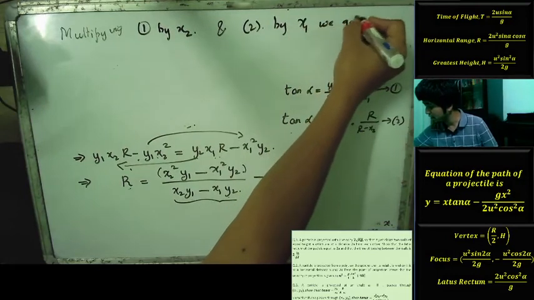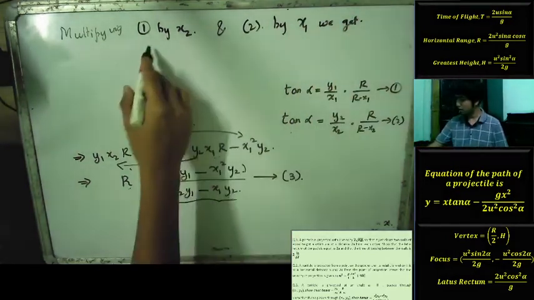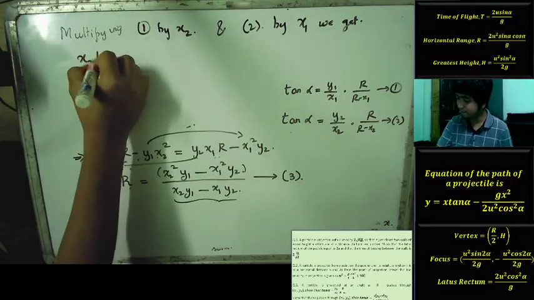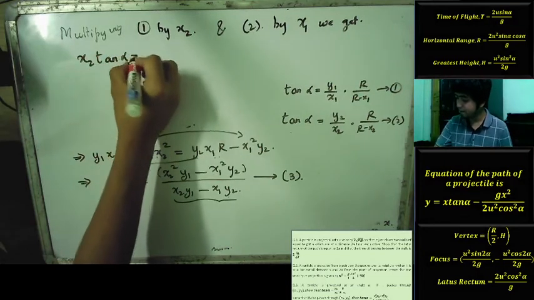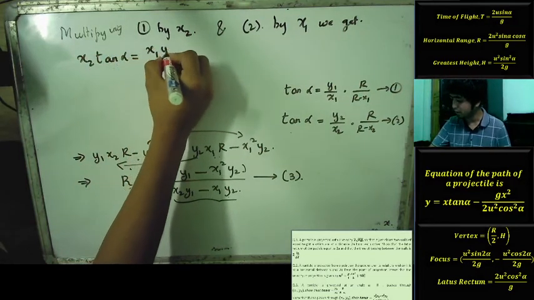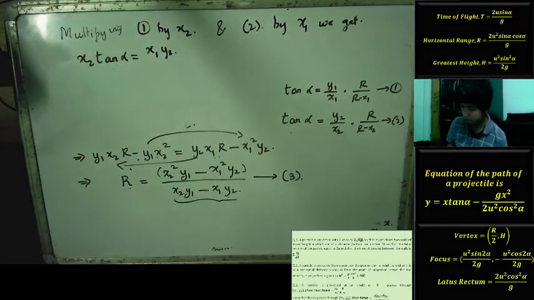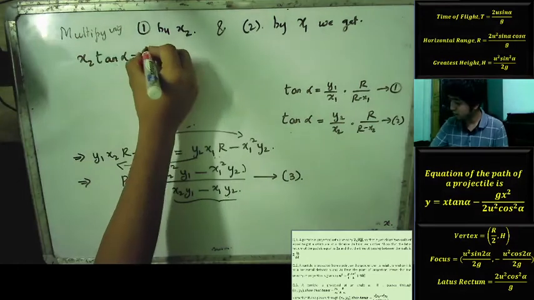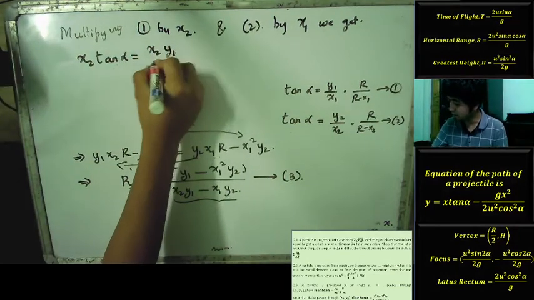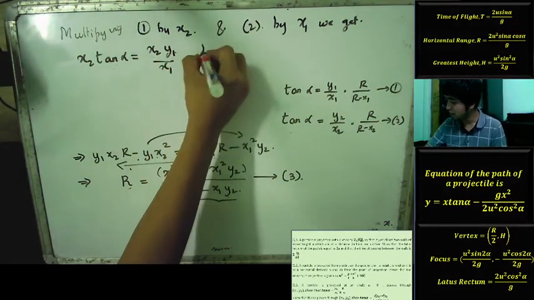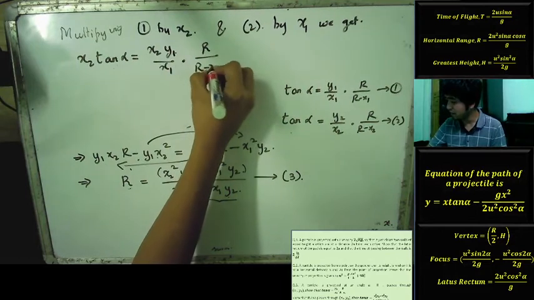So x2 tan alpha, x1, we need x2 y1, upon x1 into r minus x1.